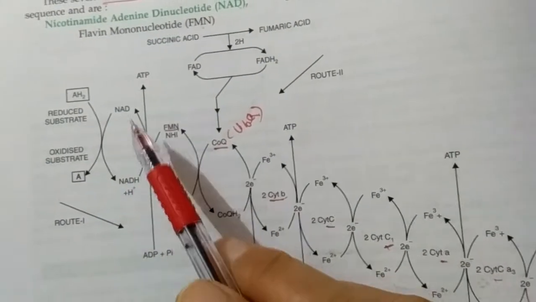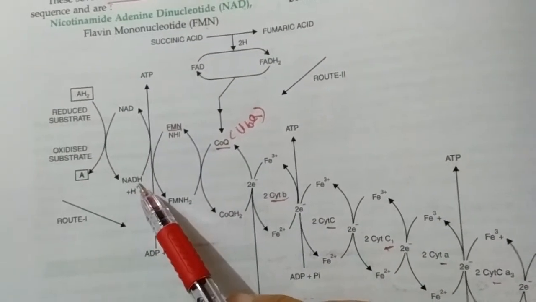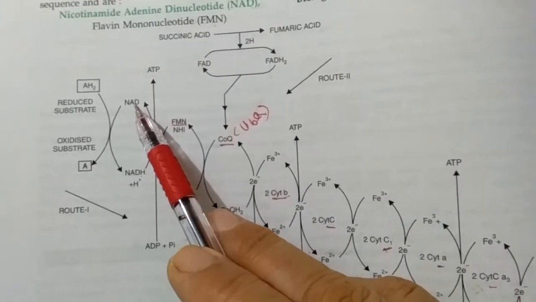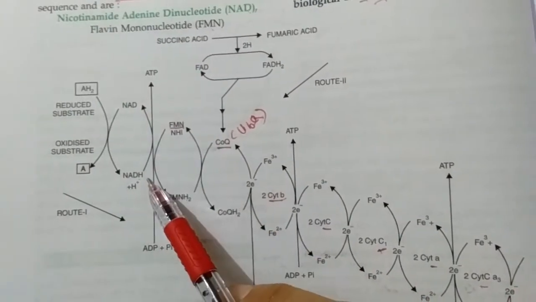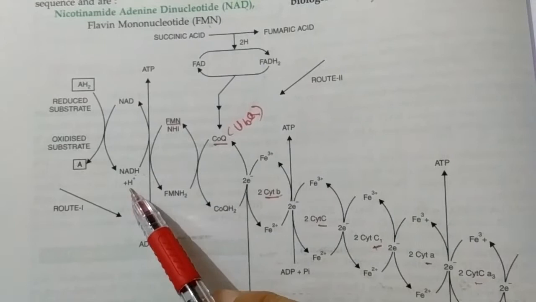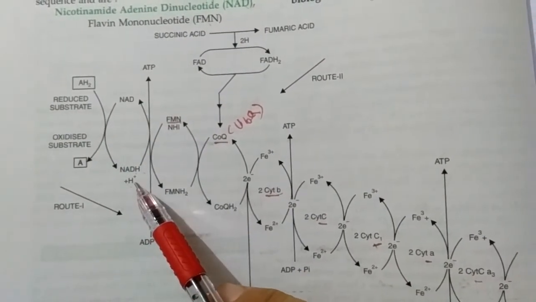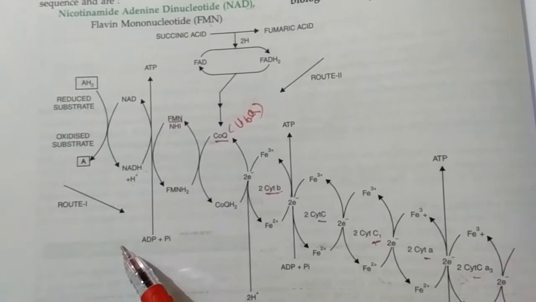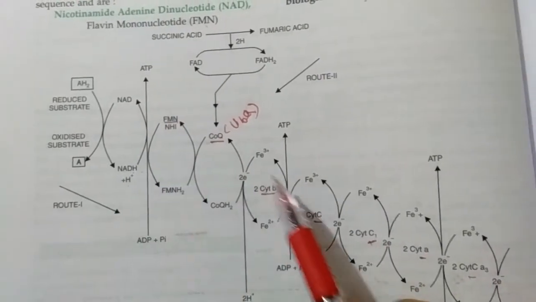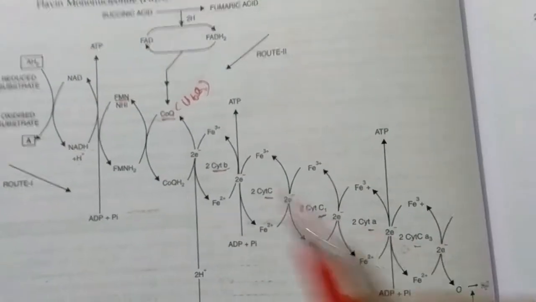As you can see, when NADH2 has oxidized to NAD, this hydrogen has broken down into one proton and one electron. That proton is made free here in the matrix, but the electron will pass on through the electron carriers.